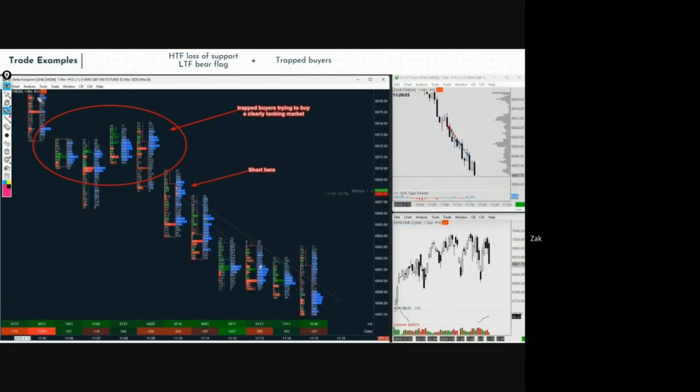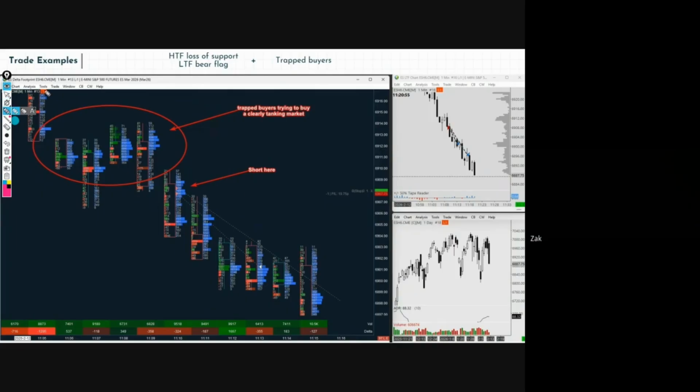Once they start doing that, I have an idea of what to look for on the footprint. Once you get dialed in enough with footprints, you know what your setup is supposed to look like on a footprint, so you can be slightly preemptive with it. If I'm trading a bear flag, it's moving down, then it's going to pop up, and then it's going to move down. I know what the internal story is of this.